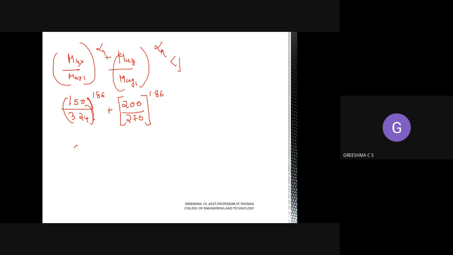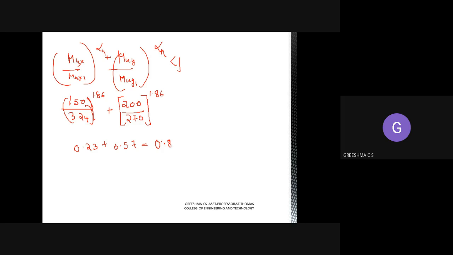So tell me whether it is less than 1 or not. This will be 0.23, and 200 divided by 270 all raised to 1.86 will be 0.57. So 0.57 plus 0.23, we got the value as 0.8.